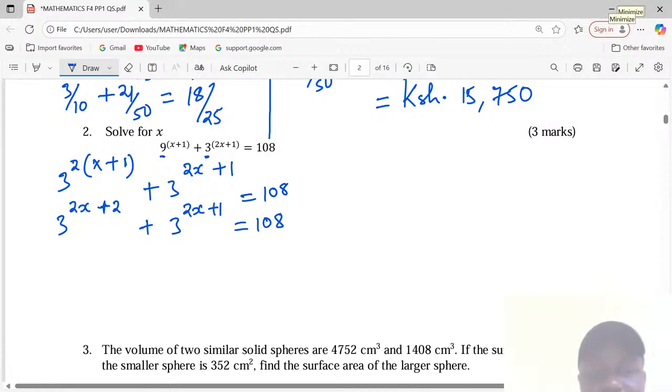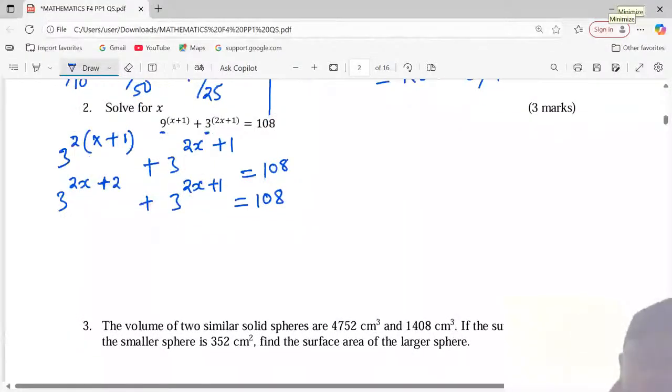At this point, ladies and gentlemen, we can now say that there is a law of indices, the first law actually, that says when you have similar bases like a to the power m multiplied by a to the power n, you just need to take the base, then m plus n.